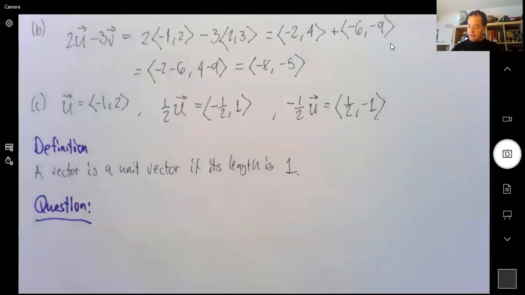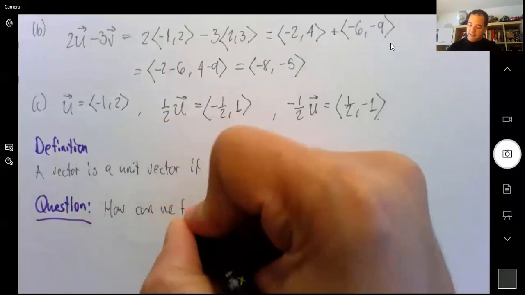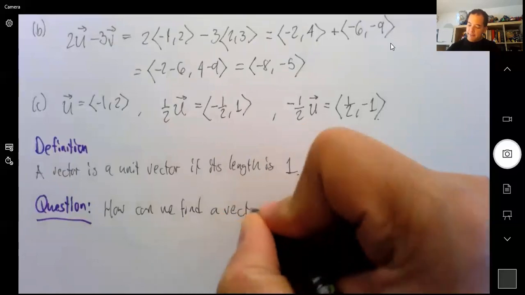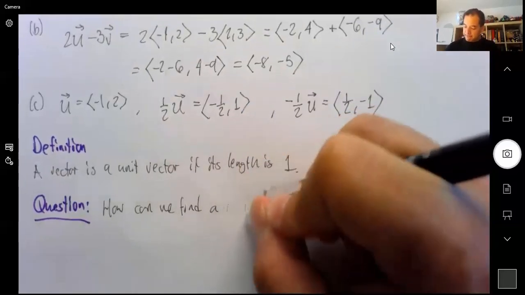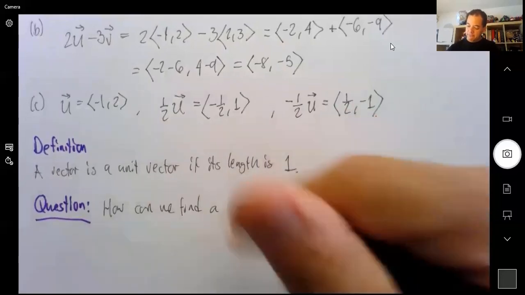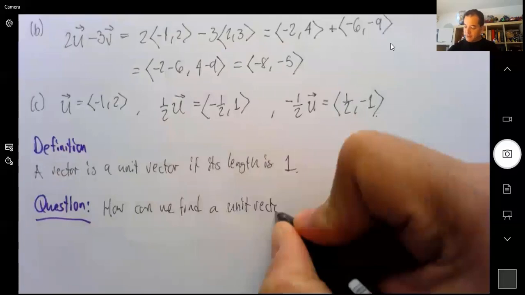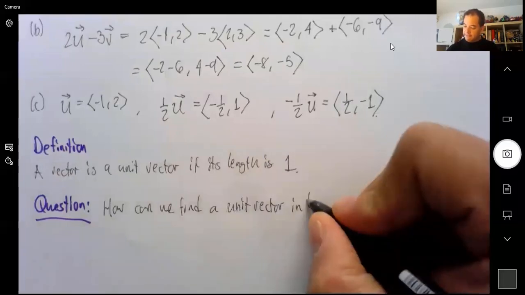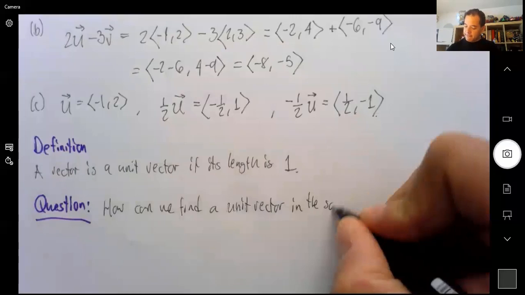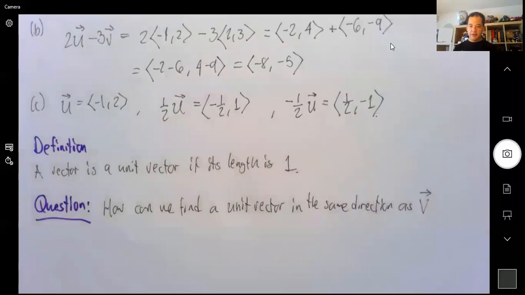How can we find a unit vector in the same direction as v, right?